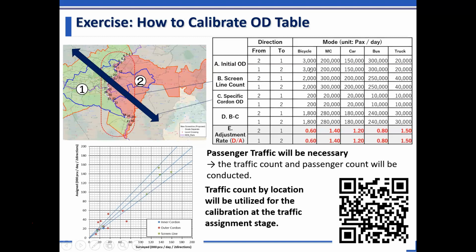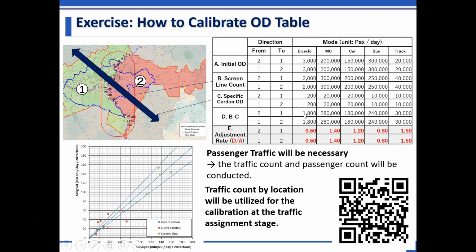The initial OD tables are eventually to be used for the demand forecasting work. But this traffic volume is higher than the actual traffic conditions. So to adjust the traffic volumes, D/A is the answer, the adjustment ratio.